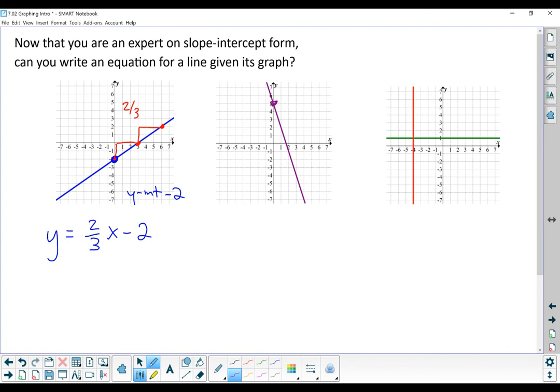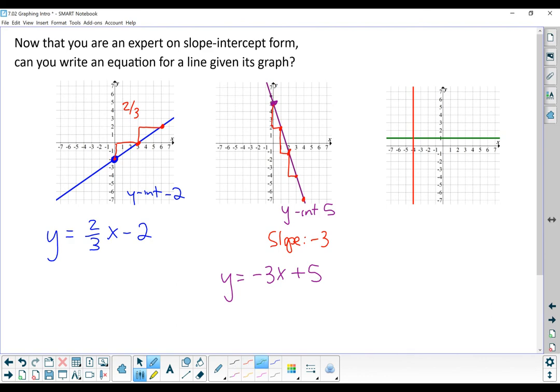All right, on this one, our y-intercept is 5, and our slope looks like it is going down 3/1. So -3. You don't have to do the over 1 because when we divide by 1, we just get -3. So our equation is y equals -3x plus 5. The slope is in front of the x plus the intercept.